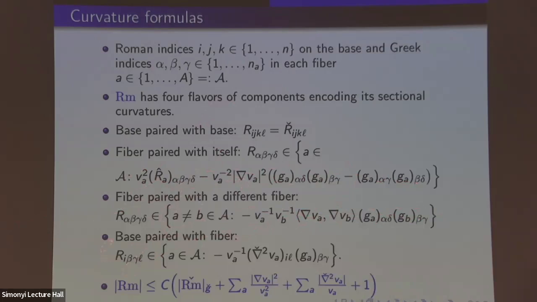And if we take 2 indices, i and l, from the base and beta and gamma from one fiber, then you get the Hessian, where this check denotes the Hessian computed with respect to the metric on the base. And remember, to control the Ricci flow, you need to control the norm of the Riemannian curvature.